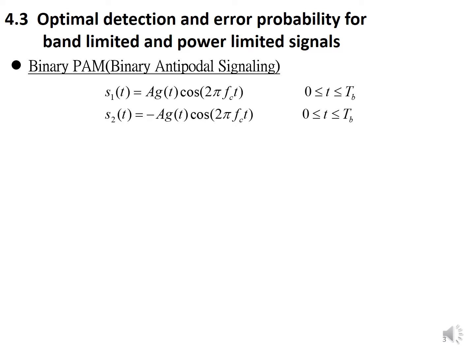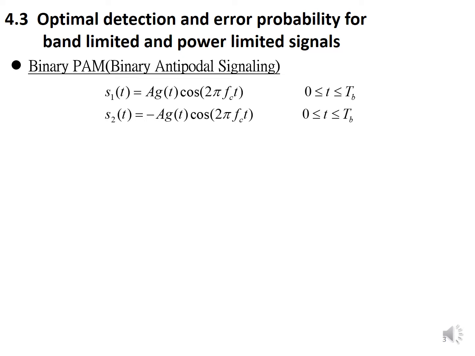The binary signaling is positive A or negative A to represent the bit 1 and 0 during the bit time. So every signal of s1(t) or s2(t) represents 1 bit.